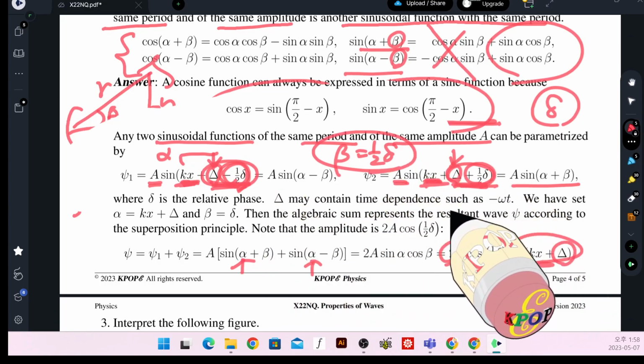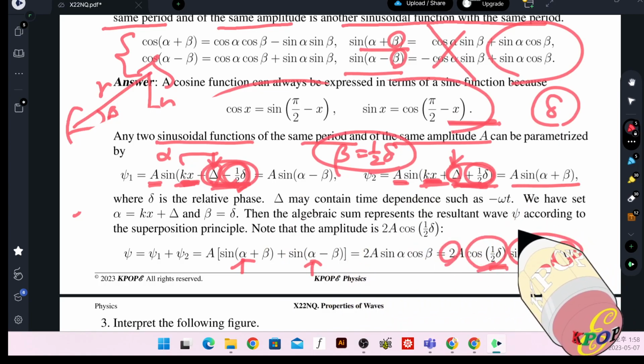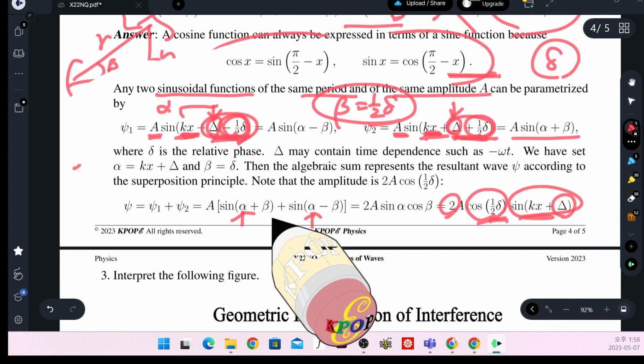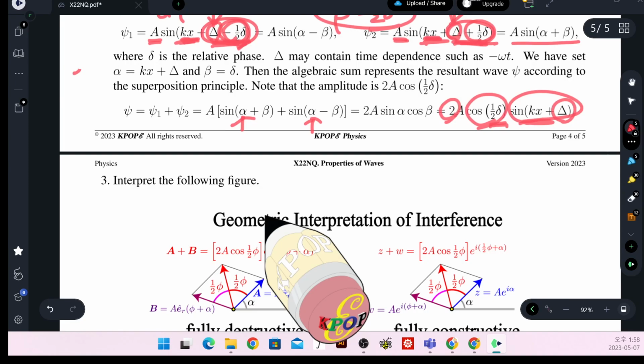That is the phase difference between the two. It is very, very important to understand the nature of interference. Sometimes they are doubled, sometimes they cancel exactly.